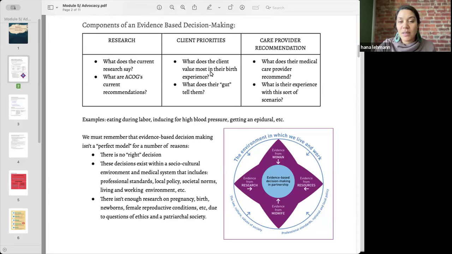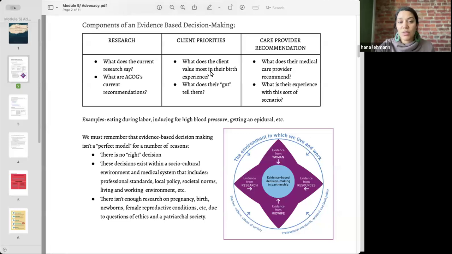So we often don't have the research that we need to make true evidence-based decisions. I think some people go into this thinking, okay, should I get induction? Should I not? Let me just look at the research and the research will tell me exactly what I need to do. And that's just not true. That's why evidence-based decision-making has those three prongs. You need to look at what research is available, what you are feeling, right, about this decision and what your care provider says, and then make the best decision that you can, right?